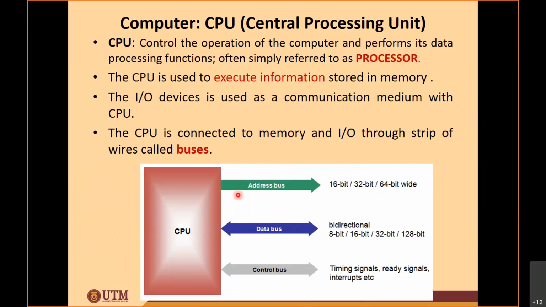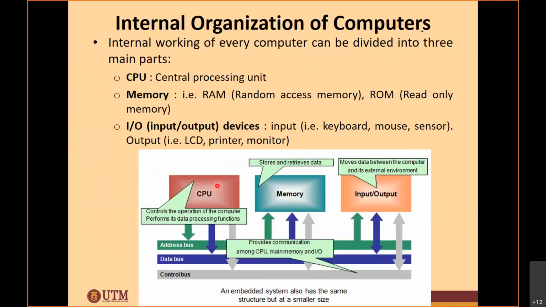So this is a communication way untuk CPU to communicate with memory, and CPU to communicate with input output in order to do data processing. Kita ada tiga jenis bus: address bus, data bus, and control bus. In the next few slides kita akan tengok more detail on these buses.